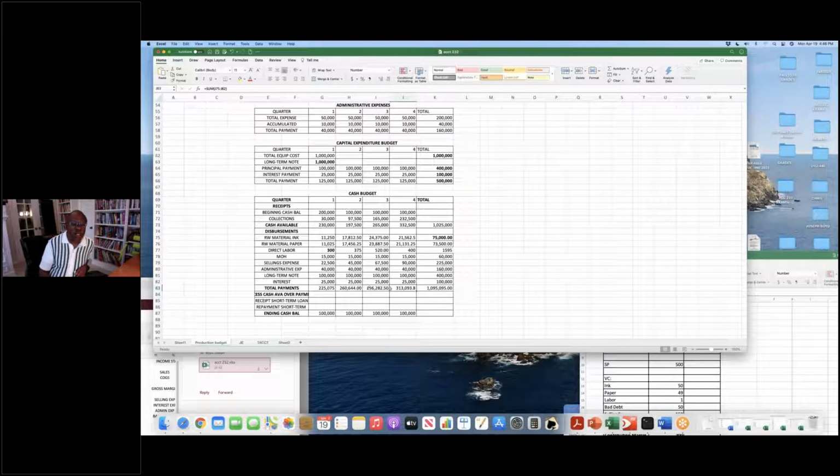And is this one correct? It's supposed to be 83 instead of 82. 296,283.